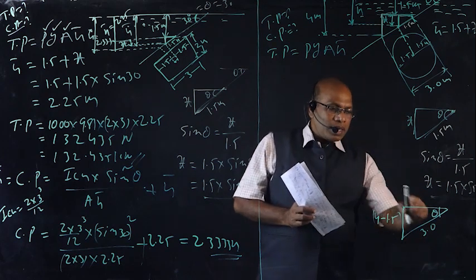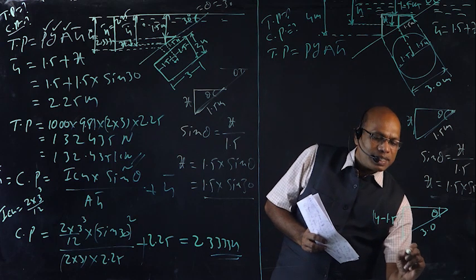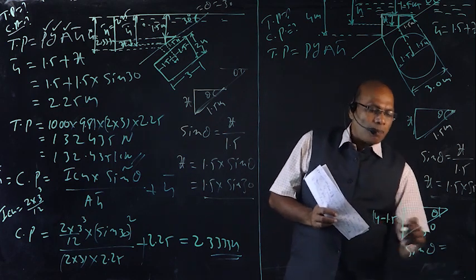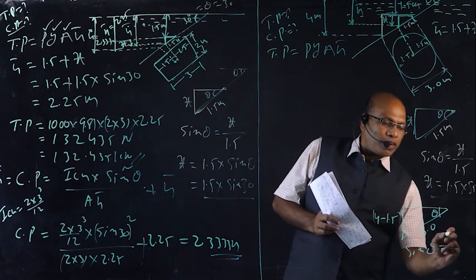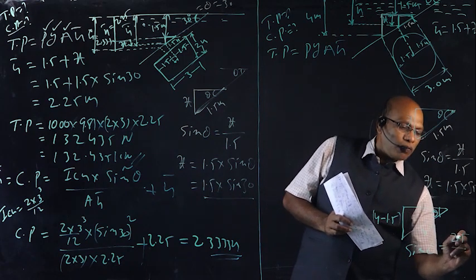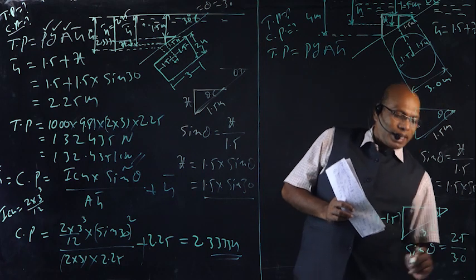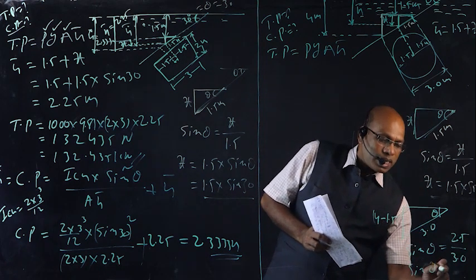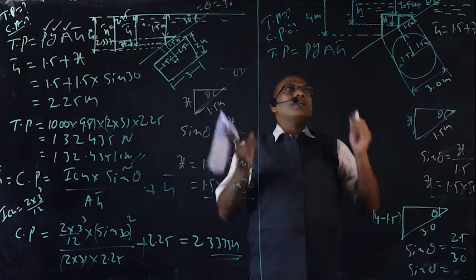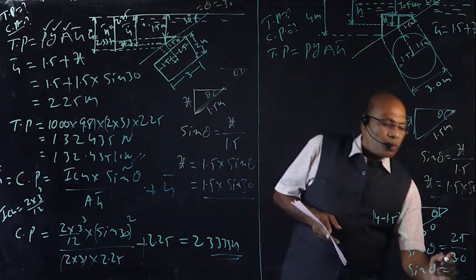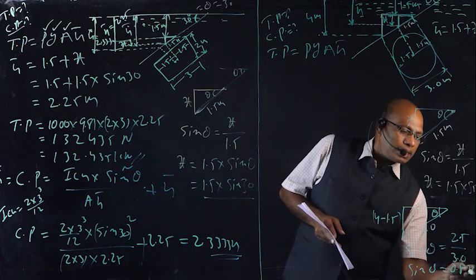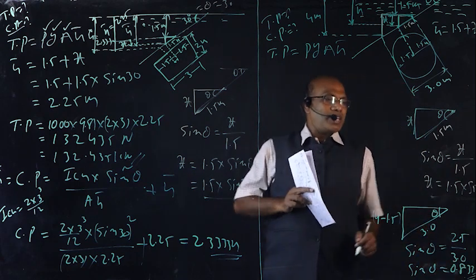Now take sin theta equal to opposite side, 4 minus 1.5 equal to 2.5, divided by 3. Therefore sin theta is equal to 0.8333. We have sin theta value.